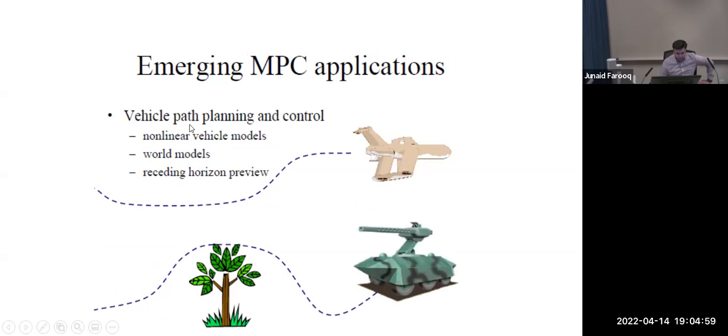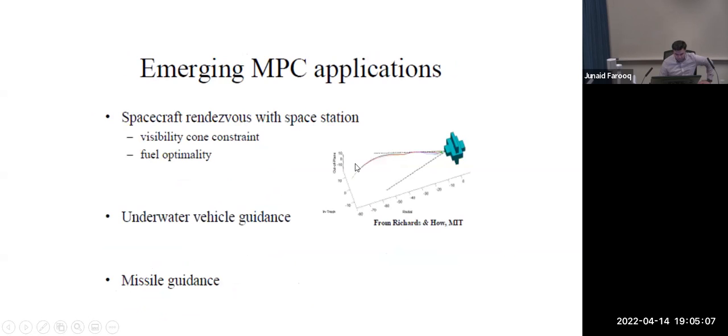It could find applications in many domains, such as path planning and control. So, for example, if you were to guide a cruise missile, once you shoot it up in the air and you want to guide it until it reaches the target, MPC is the most promising approach to do it.